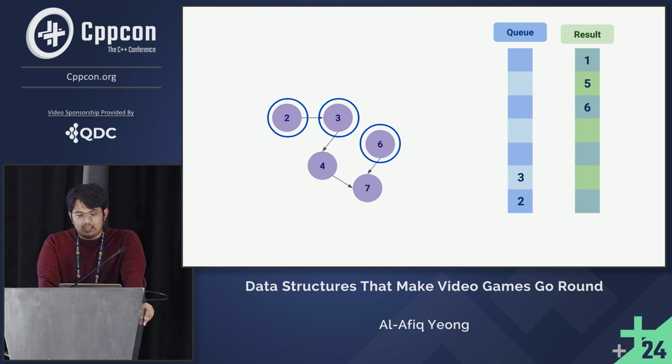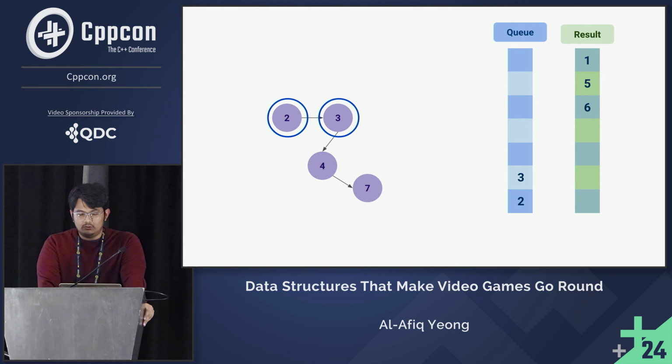Pop 6 out from the queue, add it into the result buffer, do the same thing, remove any incoming edge from vertex number 6. In this case, it's 7 again, right? And because 7 still has an incoming edge from vertex number 4, we cannot add it into the queue. Continue on to the next iteration.